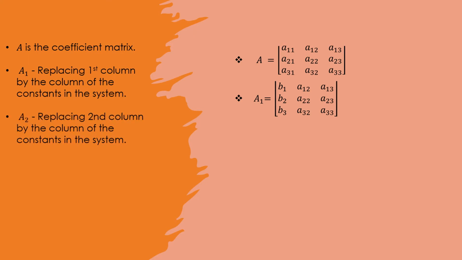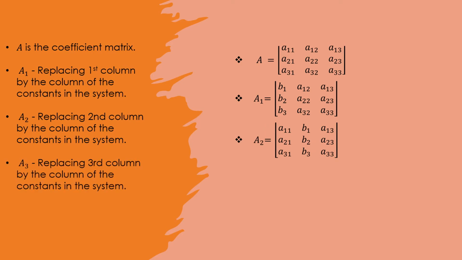In the same way, A2 is obtained by replacing the second column by the column of constants. A3 will be a matrix replacing the third column by the column of the constants in the system. So these are our matrices A, A1, A2, and A3.